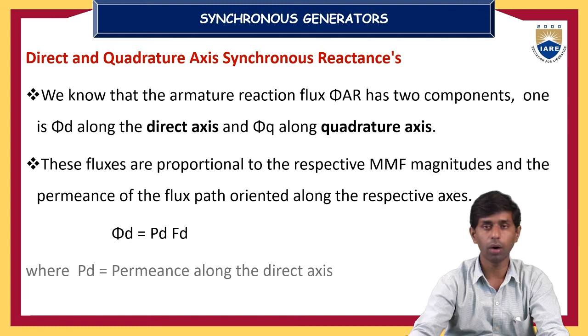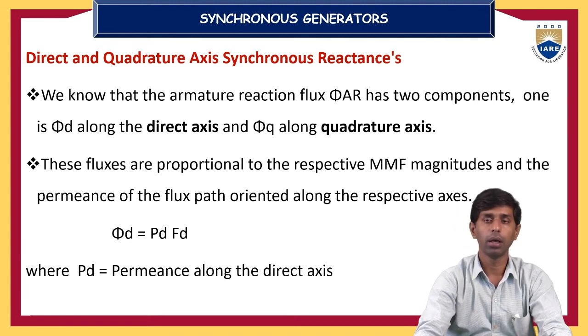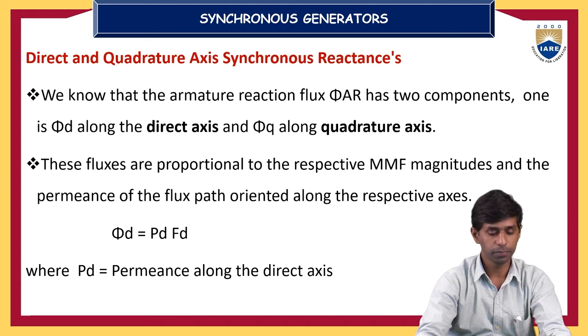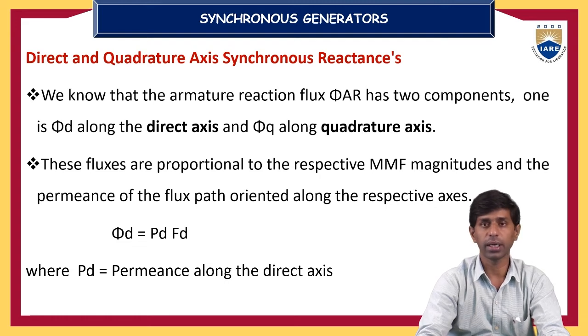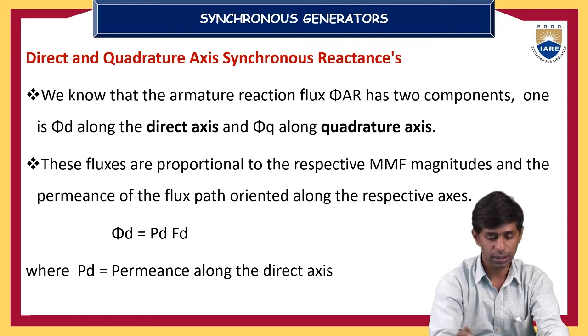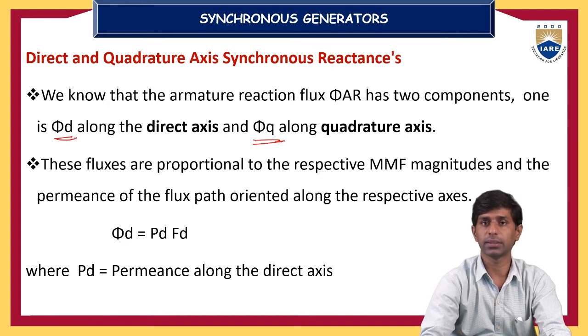Let us look at how we find the direct and quadrature axis reactances and the required excitation EMF. We know that the armature reaction flux phi AR has two components, phi d along the d axis and phi q along the quadrature axis.